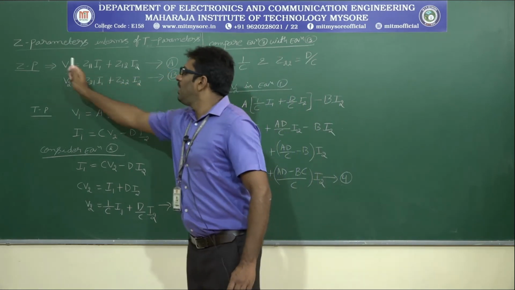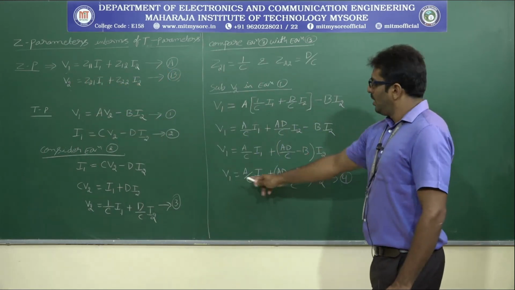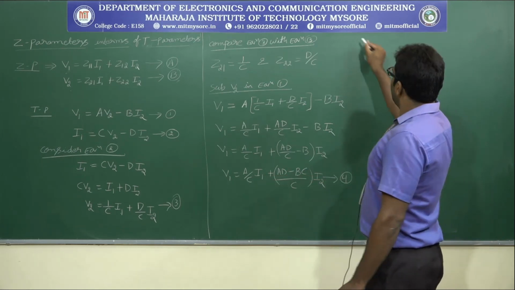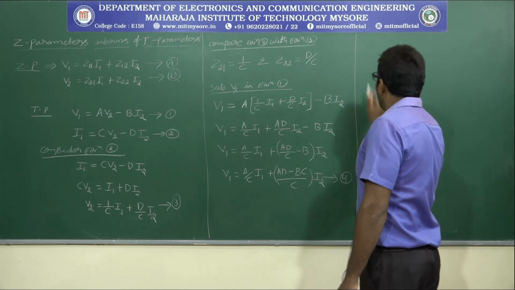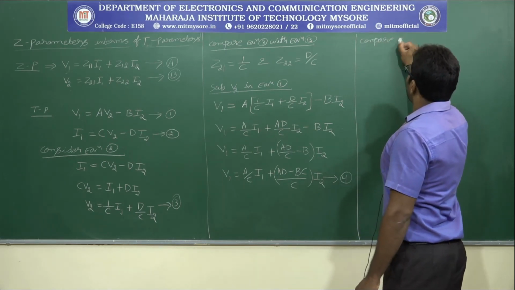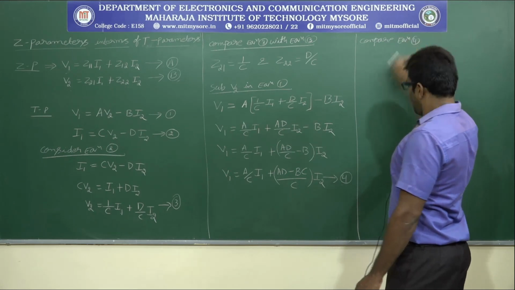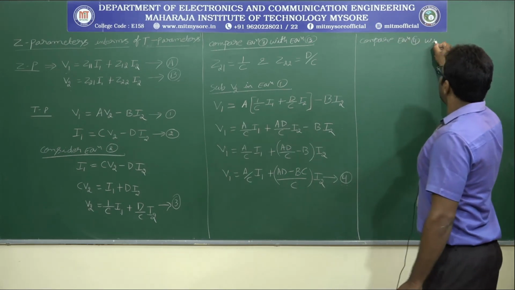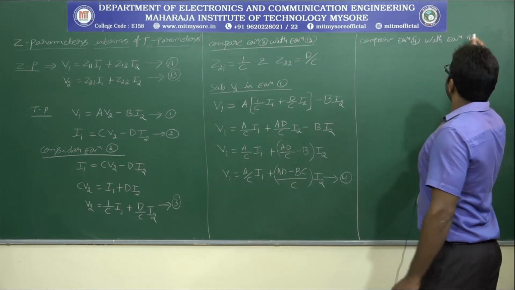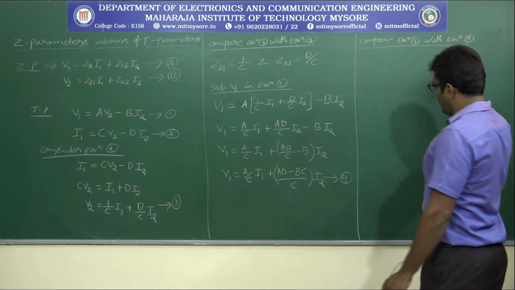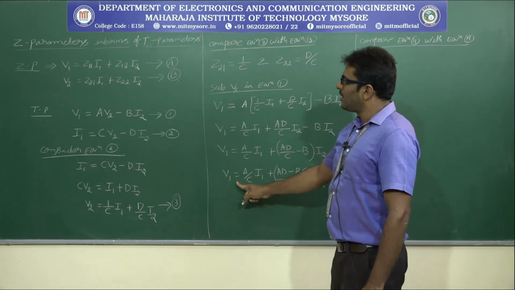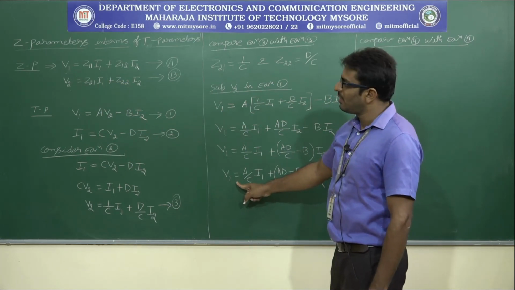Just compare equation 4 with equation A. V1 is equal to, yes, V1 is there. The coefficient of I1 is Z11, next I2.